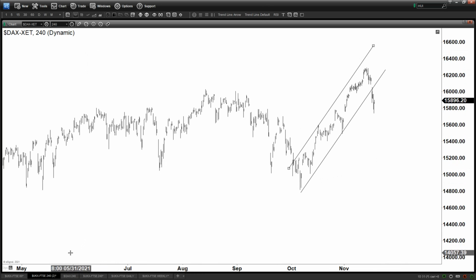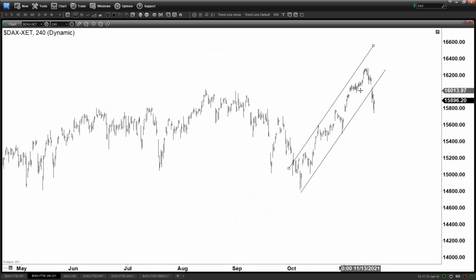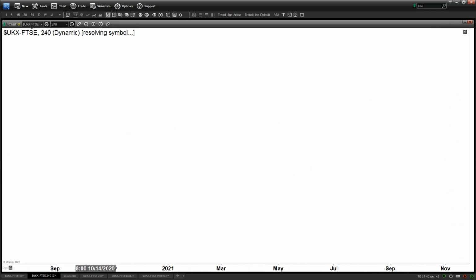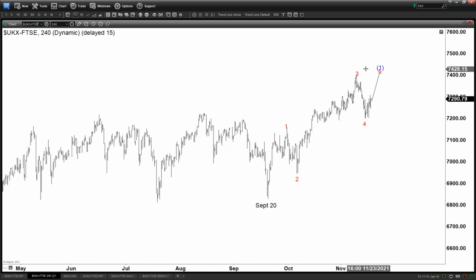Now in the FTSE, you might still sort of argue whether it is finished or not finished, in the 4-hour, as we saw earlier, right? But I think it is pretty clear in the DAX that it is finished. So in the FTSE, you might still argue 1, 2, 3, 4, 5, but the DAX is saying this cycle is clearly over, with the size of the pullback.